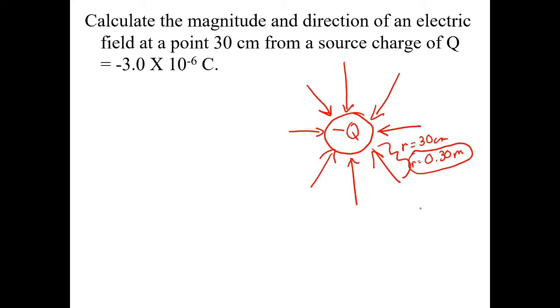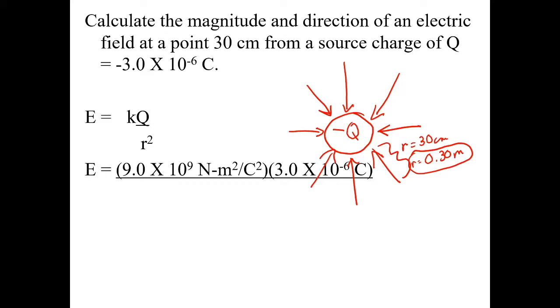In this case, we don't want to use the F over Q value. It doesn't make sense to use it in this situation. We want to use E equals K times Q over R squared. So K is just that 9 times 10 to the 9th newton meter squared per coulomb squared. Now we knew the charge.